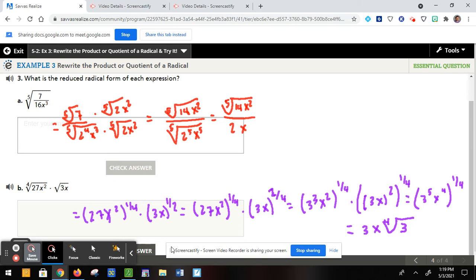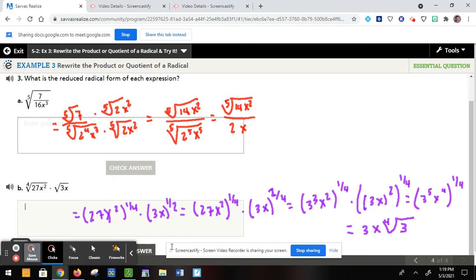All right, down here for part B, I have 27x squared. I'm just converting the radical form to exponential form here. So fourth root becomes exponent of 1/4. Square root becomes exponent of 1/2. I then convert the 1/2 into 2/4.